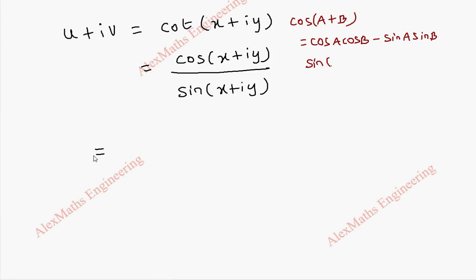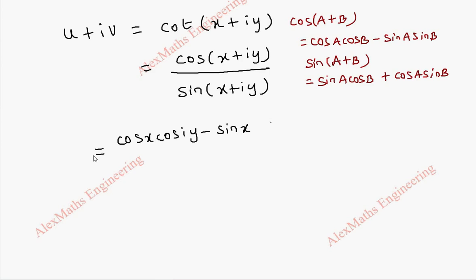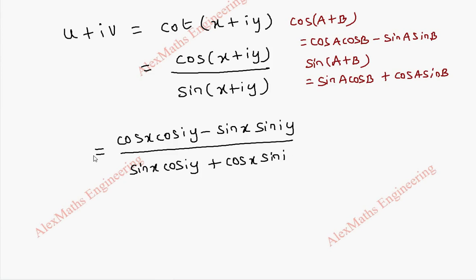Similarly, sin(a + b) is sin a cos b plus cos a sin b. So this becomes cos x cos iy minus sin x sin iy whole division sin x cos iy plus cos x sin iy, and we are going to apply this formula.